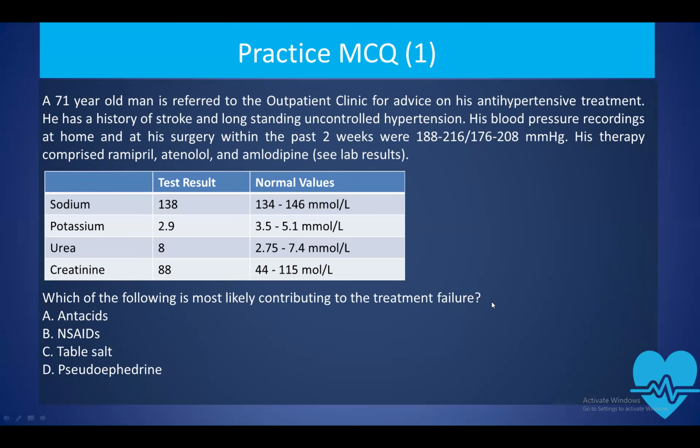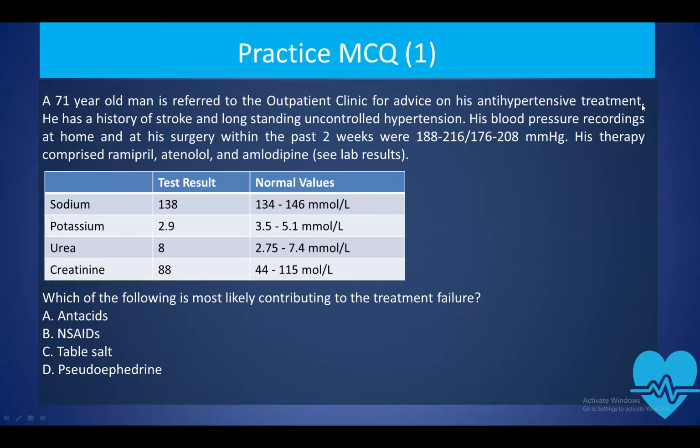A 71-year-old man is referred to the outpatient clinic for advice on his antihypertensive treatment. He has a history of stroke and long-standing uncontrolled hypertension. His blood pressure recordings at home and at his surgery within the past 2 weeks were 188 by 216 and 176 by 208.